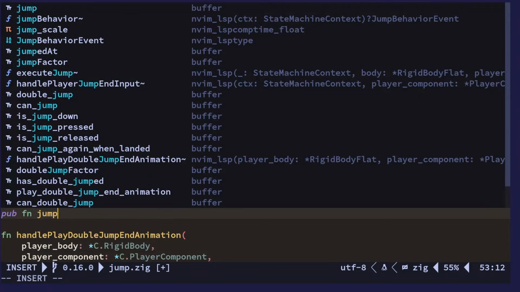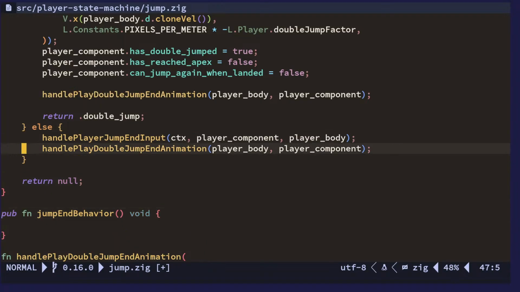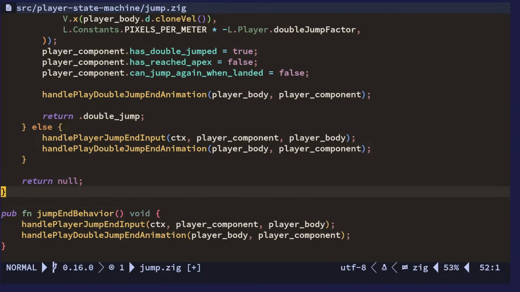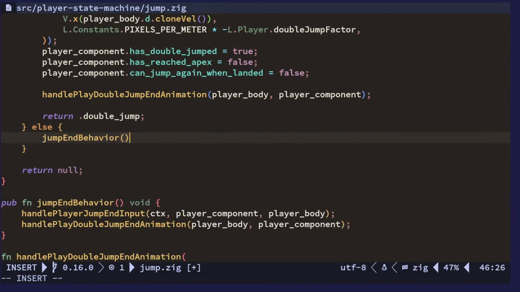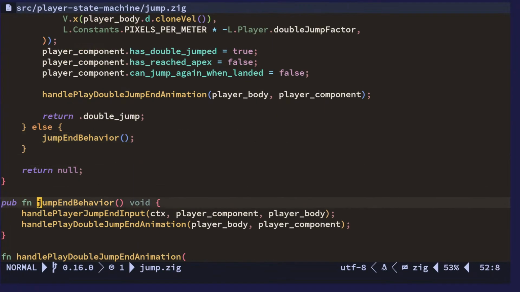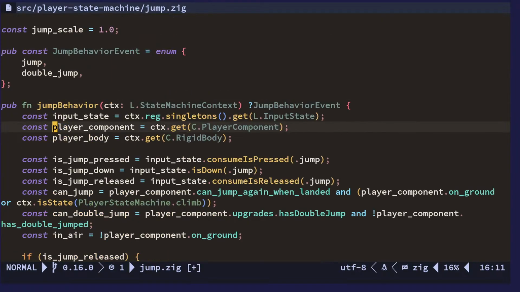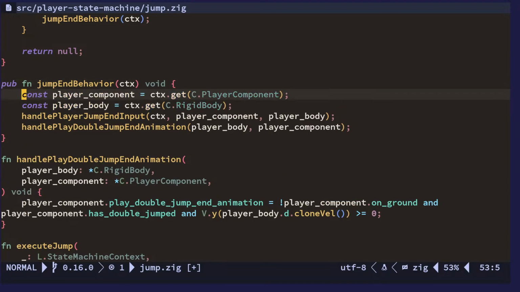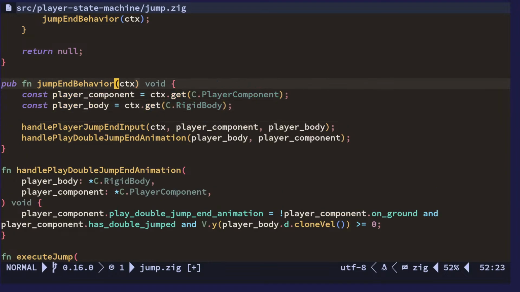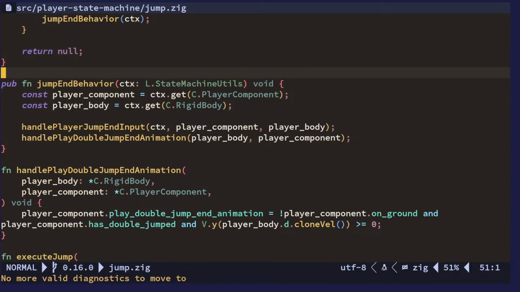So we could have a jump end behavior, where these two are simply called here. And then we can, oops, but we do actually need the things as well. Why is this the wrong color?